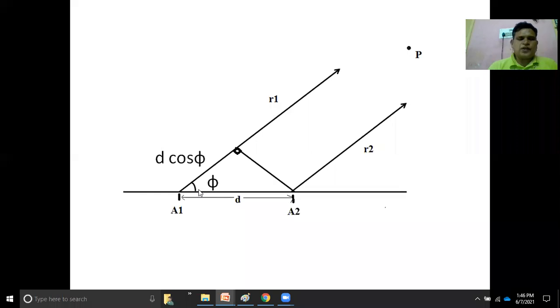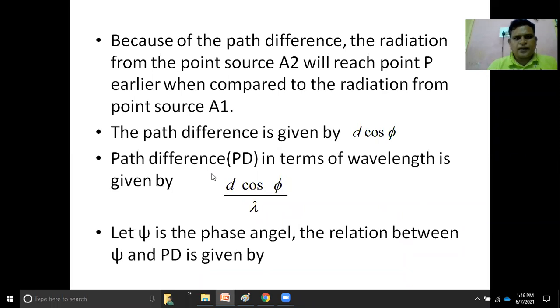How do we get d cos phi? We know the angle phi and this is the distance d. Here is the rectangle, and this is the diagonal. Therefore this length is d cos phi. This is the path difference.